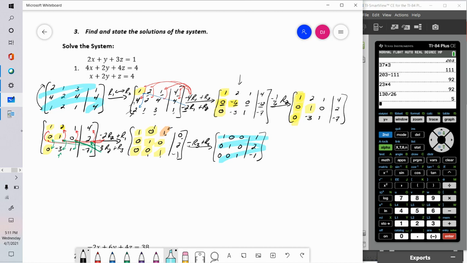Remember, x is 1, y is 2, z is -1. That's acceptable, or the ordered triple is also acceptable. Either way, that's a lot of work.